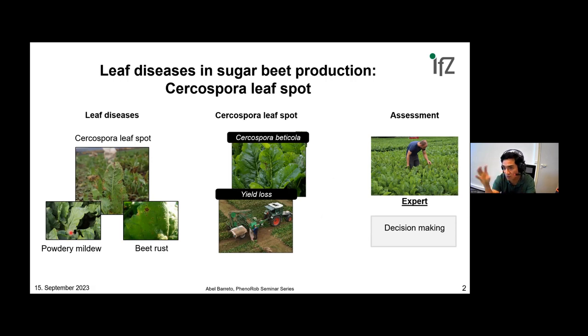From these fungi, some of the most common diseases are Cercospora leaf spot, powdery mildew, and also beet rust that commonly come into the field. But of all these three diseases, one of the most damaging is Cercospora leaf spot, which is caused by a fungus called Cercospora beticola.